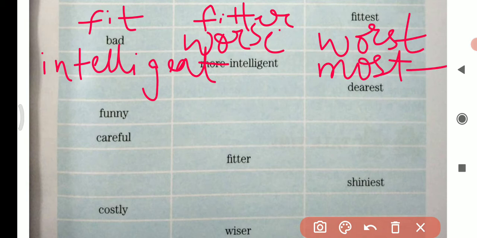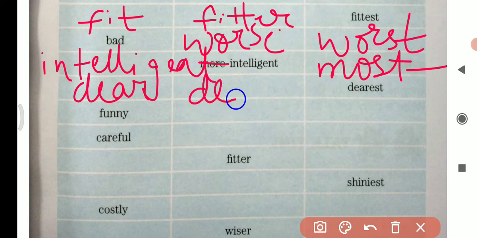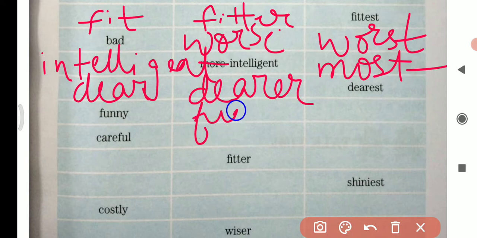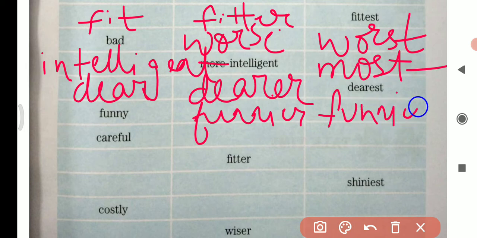Next, dearest is given as the superlative degree. So the positive degree will be dear, the comparative degree will be dearer, and dearest. Next, funny. So the comparative degree will be funnier. Funny, funnier, funniest.